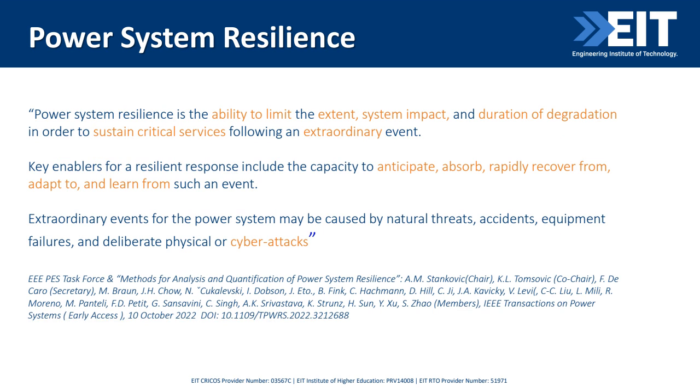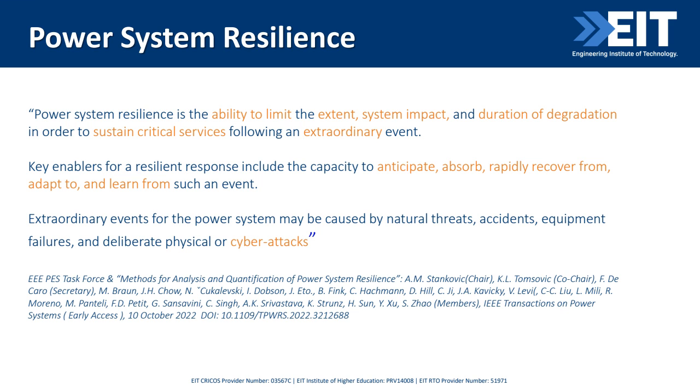Then, if I keep on looking at the resilience, I told you when we are looking at the resilience part of the power system, it must have the ability to limit the extent of the system impact and the duration of degradation in order that we can sustain any critical services following any extraordinary event.